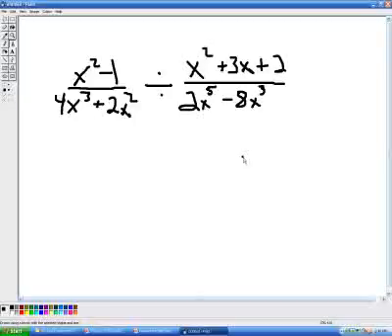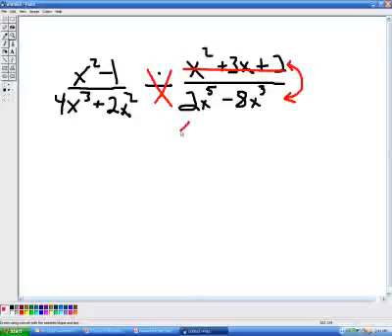Alright, the first step in dividing rational expressions is to multiply by the reciprocal. So we turn the division into multiplication, and then we do the reciprocal. And you may remember from your work with fractions before that reciprocal just means to flip that over. Okay? And I always do it right there on my work.